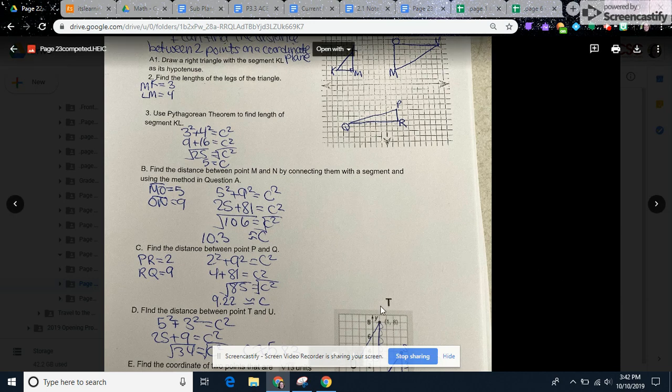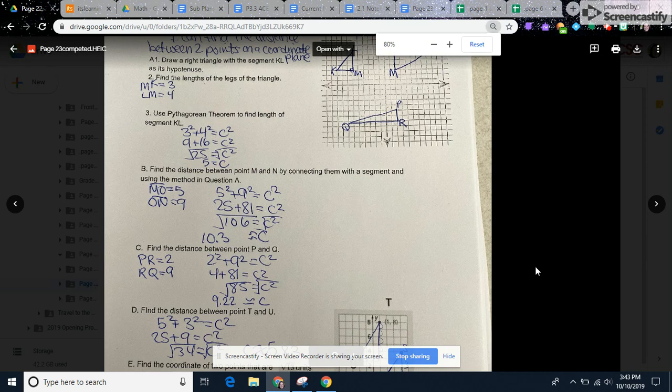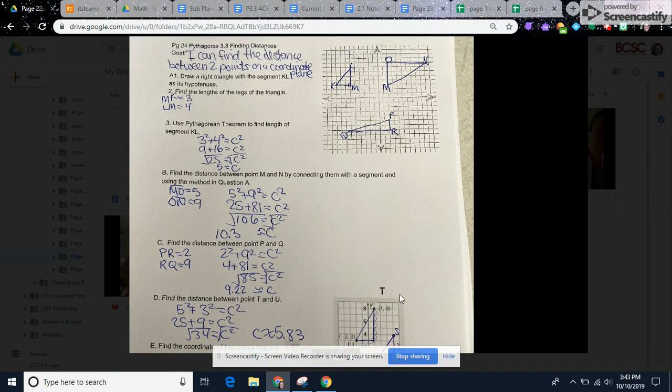Then when we look at D, let's see if I can zoom out here. When we look at D, they give you T and U on here. So T down, you want to count, and that is 1, 2, 3, 4, 5.